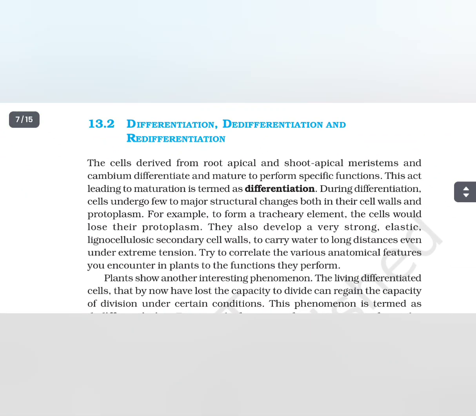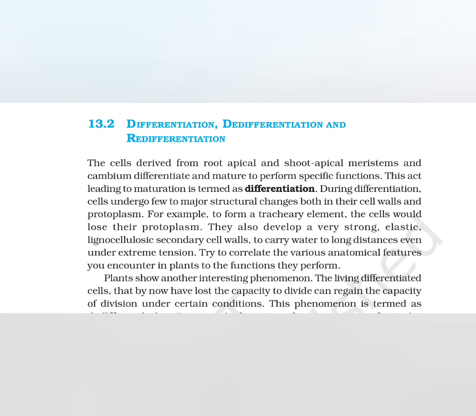Differentiation, de-differentiation and redifferentiation. The cells derived from root apical and shoot apical meristems and cambium differentiate and mature to perform specific functions. This act leading to maturation is termed differentiation. During differentiation, cells undergo few to major structural changes both in their cell walls and protoplasm.